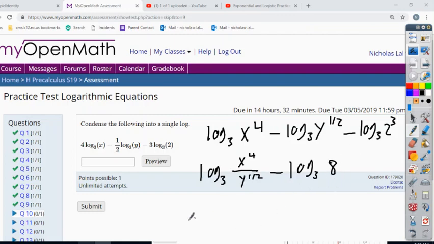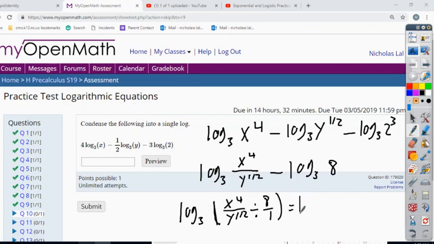So now this will become the log base 3 of x to the 4th over y to the 1/2, divided by 8 over 1, which is the same thing as times 1/8.